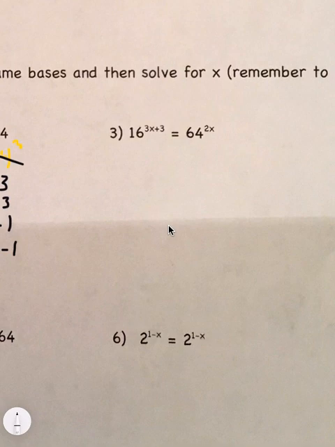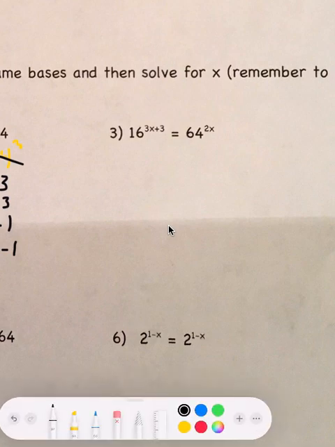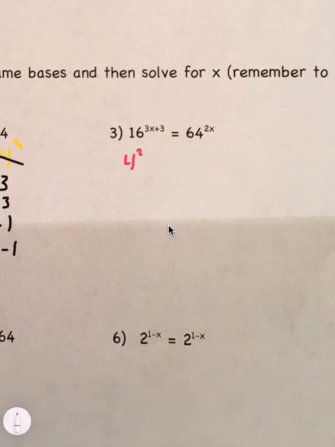Alright, 16 and 64. What should be our base that we're looking for? It's not going to be 16, because 16 squared is definitely not 64. So the one that we want to use is 4. So 4 squared is 16 raised to 3x plus 3, and then 4 cubed is 64, all of it raised to the 2x.